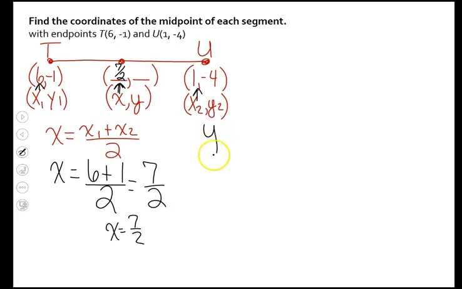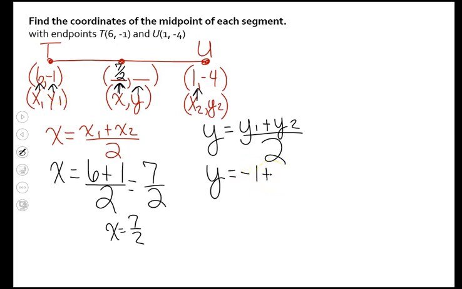All right, so now I have y equals y1 plus y2 over 2. I don't know y, so that is my unknown. y1 is -1. y2 is -4. I combine like terms. -1 minus 4 is -5 over 2.